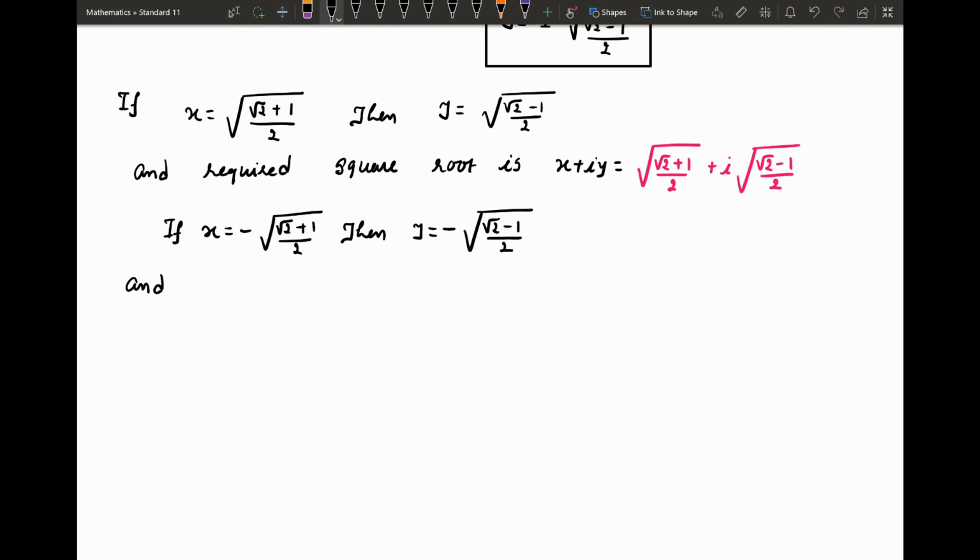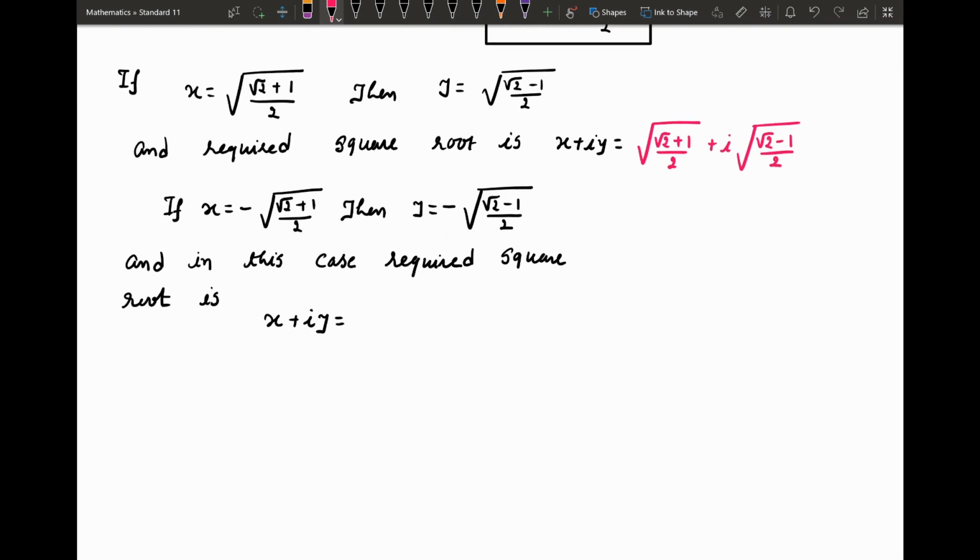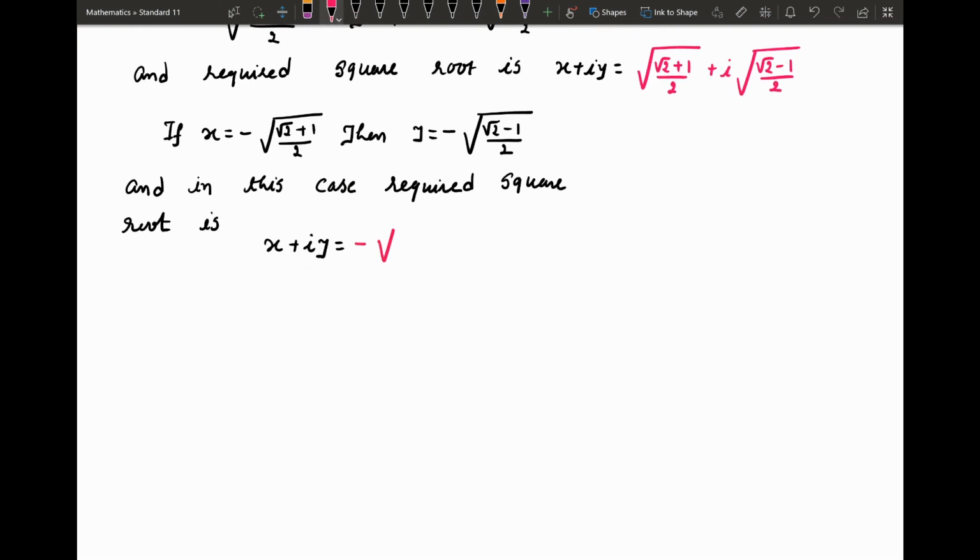In this case the required square root is x plus iy equal to minus root of (root 2 plus 1) by 2 minus i into root of (root 2 minus 1) by 2.